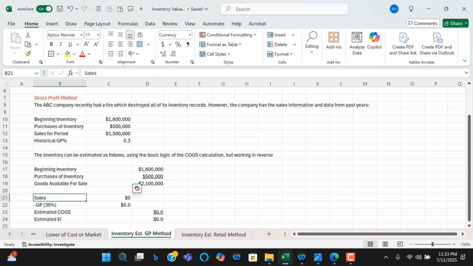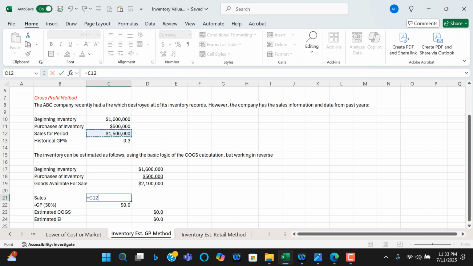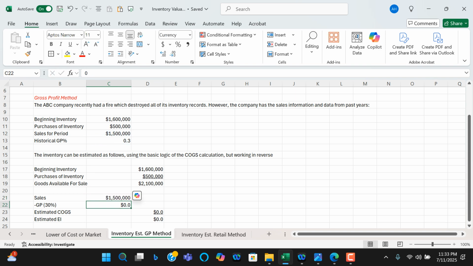Now they don't know the cost of the ending inventory, but they know how much they sold, and based on historical experience they know what their gross profit is. So their sales were 1.5 million, and they know from history that their gross profit is generally 30%.